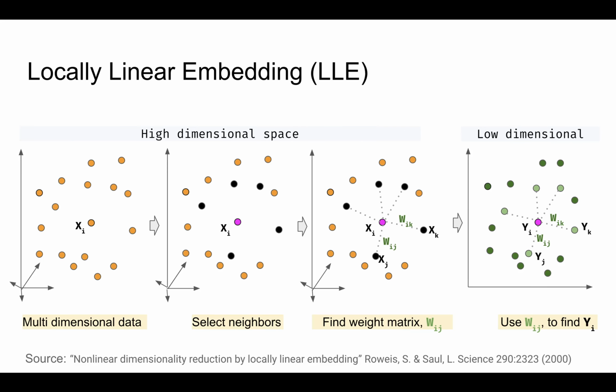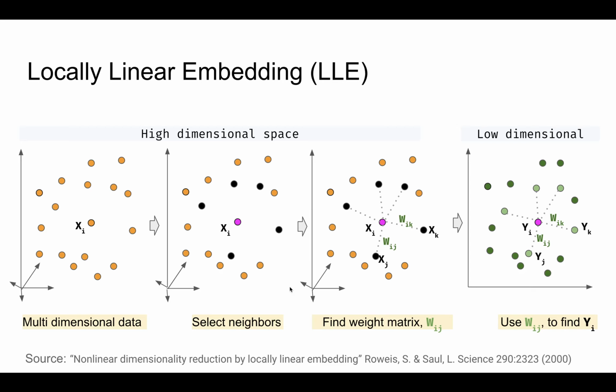Next, this is locally linear embedding, LLE. So in this particular method, we have this set of data points. We pick one data point, let's say xi, shown here in magenta. Then what we do is we find neighbors for this particular data point, and then using those neighbors for that data point, we try to find the weight matrix W. And this is in high dimensional space.